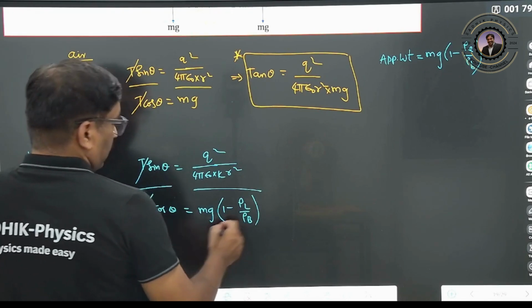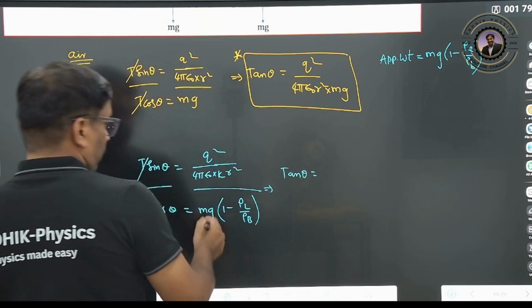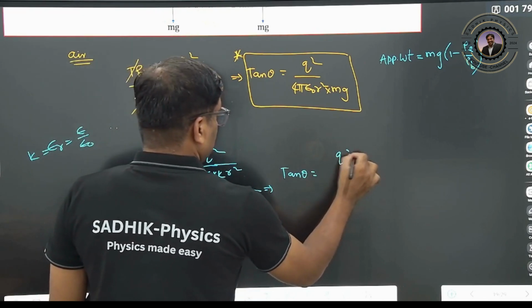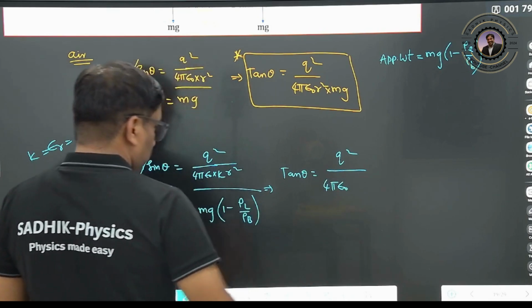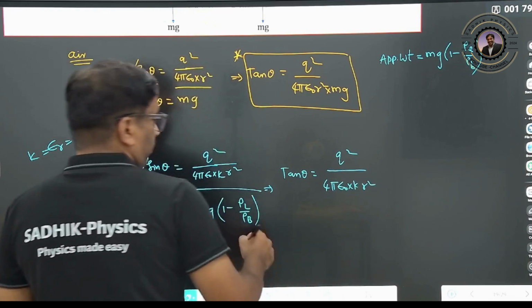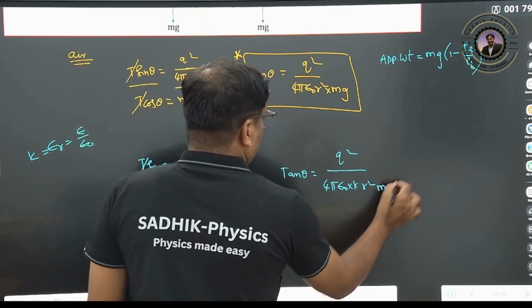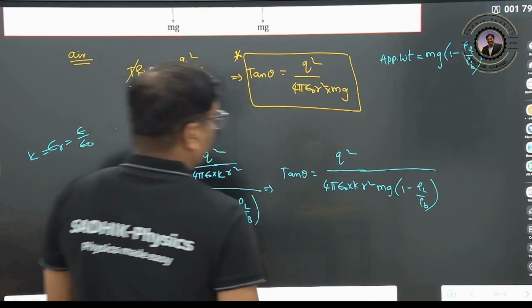So here tan theta, what can you write now? Therefore q square by 4 pi epsilon naught into k into r square, divided by mg into 1 minus density of the liquid by density of the bob. Clear?